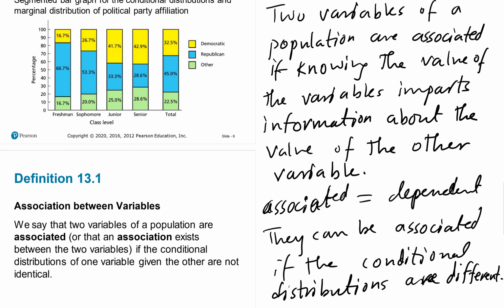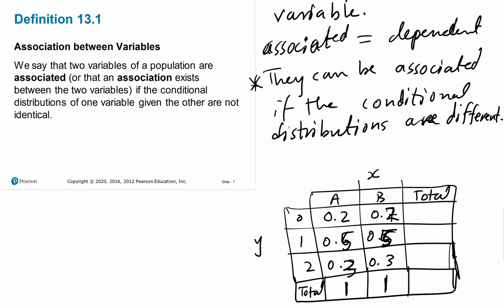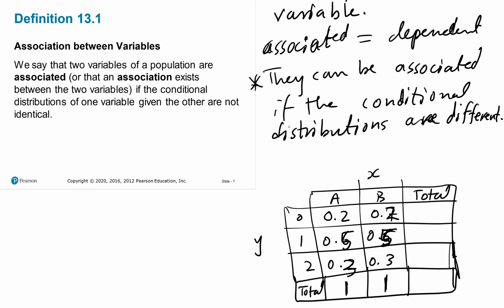One definition is that variables can be associated if the conditional distributions are different. Means when you have the table and you look at the table, they're different. In this case, if you look at the conditional distributions here, are they the same or are they different?